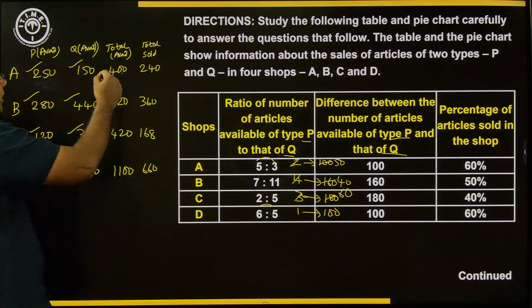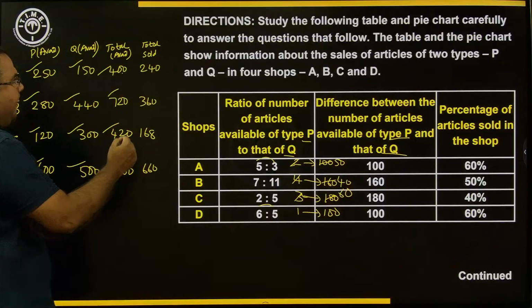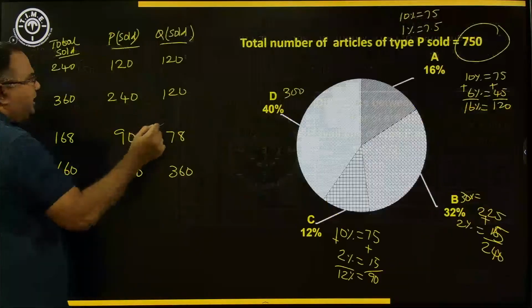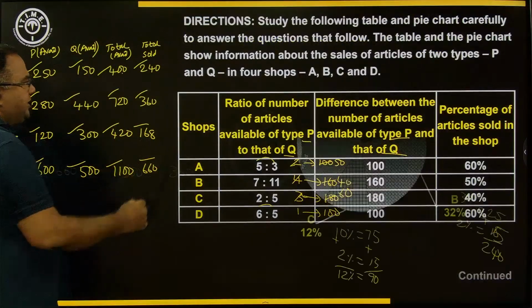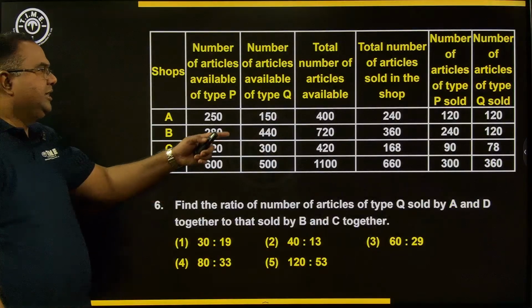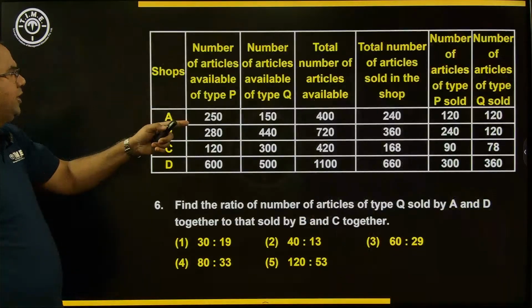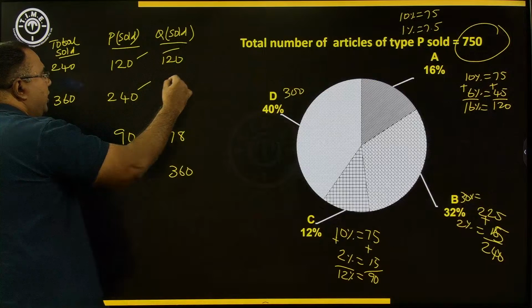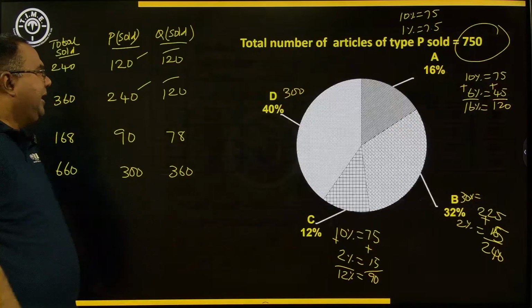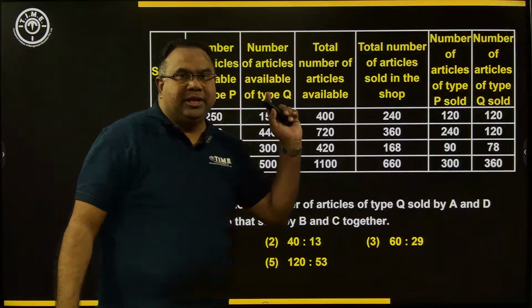Total available is 400, 720, 420, 1100. Then total sold 240, 360, 168, 660. Now, how many Q sold? P sold 120, Q sold 120. First A, 240, 120, 120. Then 90, 78, 300, 360. I got all the values here.